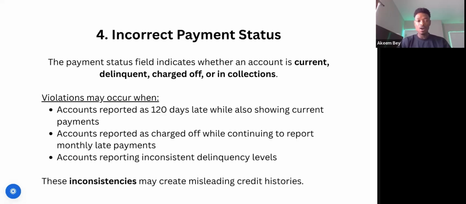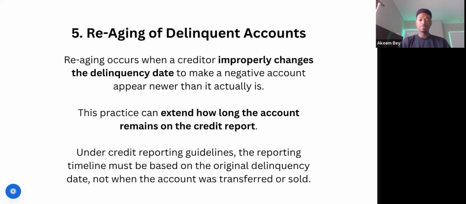And some common violations are when accounts are reported as maybe 120 days late while also showing current payments, right? An account reported as charged off while continuing to report monthly late payments, or accounts reporting inconsistent delinquency levels. And these inconsistencies create misleading credit histories, leading to people getting denied, right? Low limits. And these are things that harm you and help you when it comes time to file that lawsuit against the credit bureaus for non-compliance.